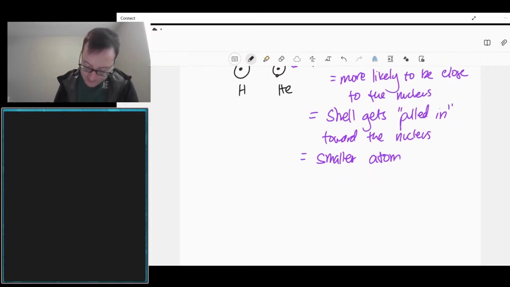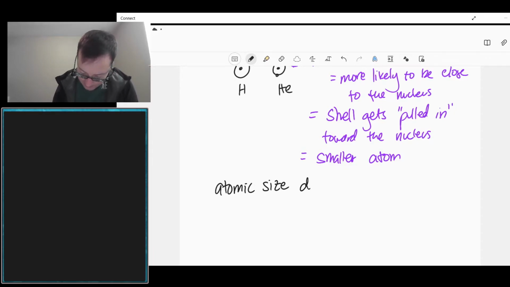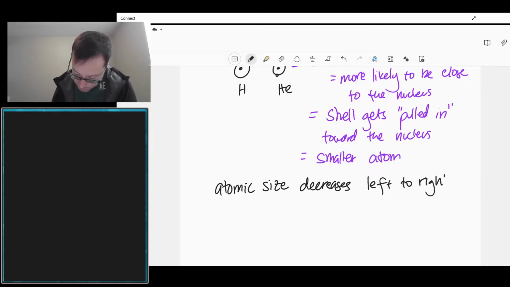All right, and so we're going to see that the atomic size decreases from left to right, and the atomic size increases as we go down.